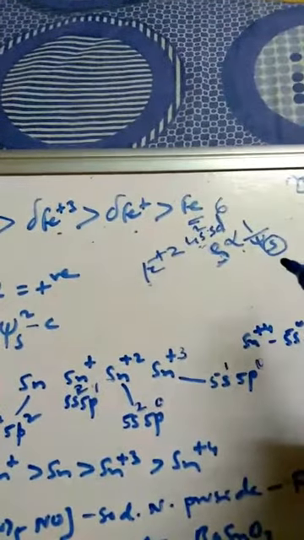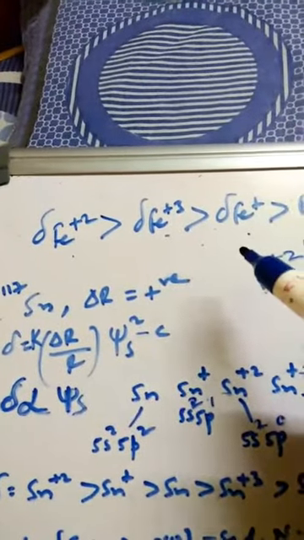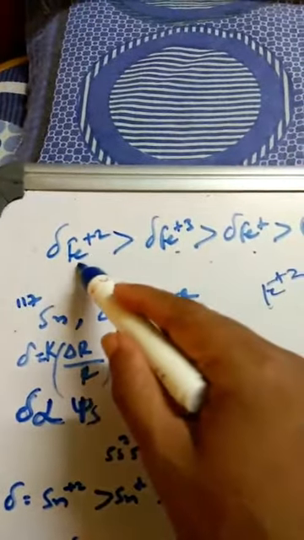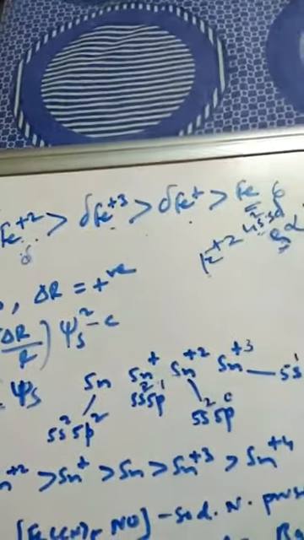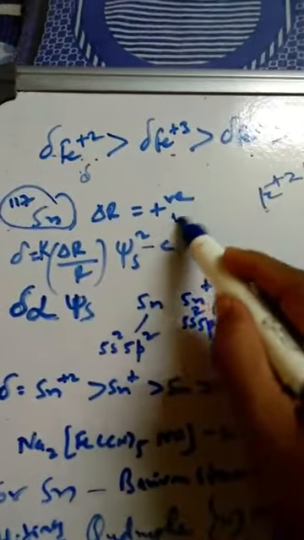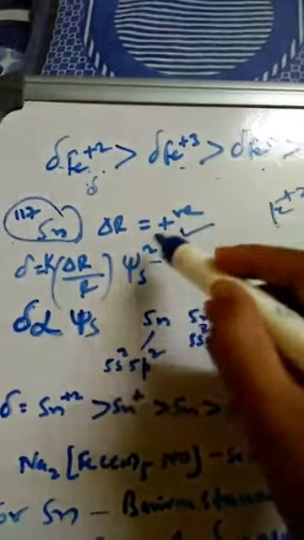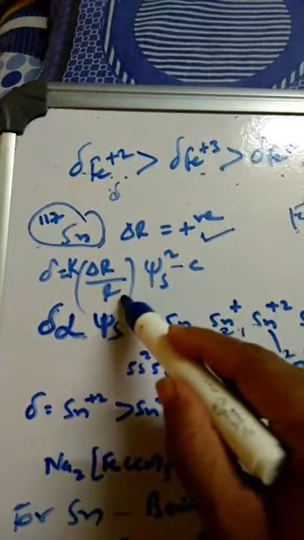And in Fe+2 you can see that the s orbital will be 0 here. So that's why the delta value here will be more, followed by the others. In the last video we have seen how they correlate. Similarly, if you go for tin now, in tin delta R is positive, whereas in iron delta R is negative, so this part in the equation will be positive here.